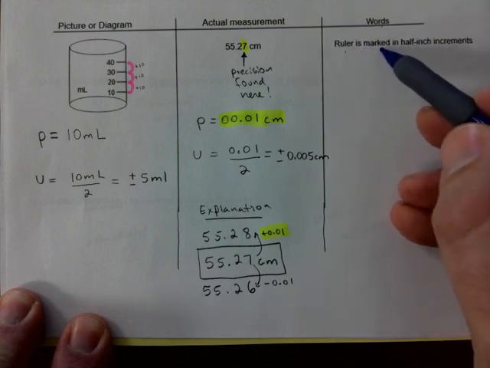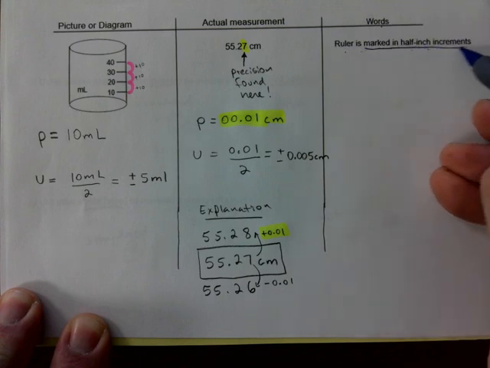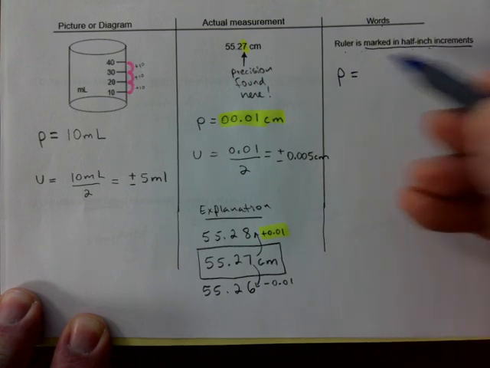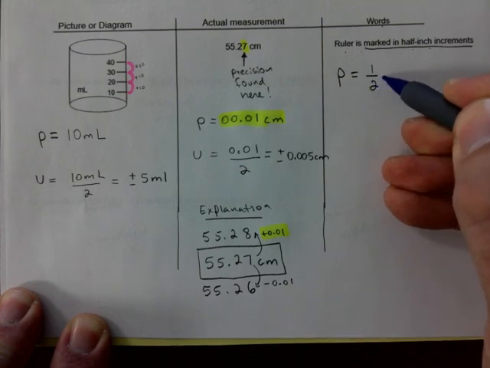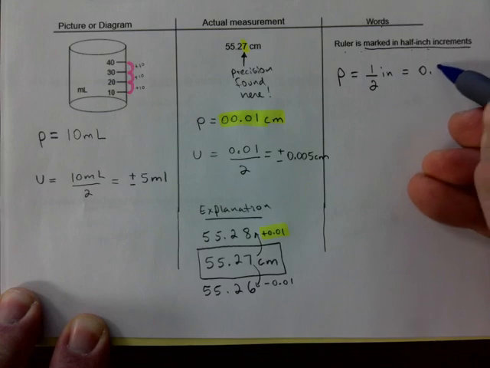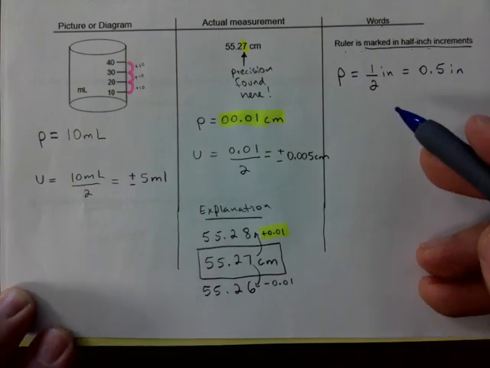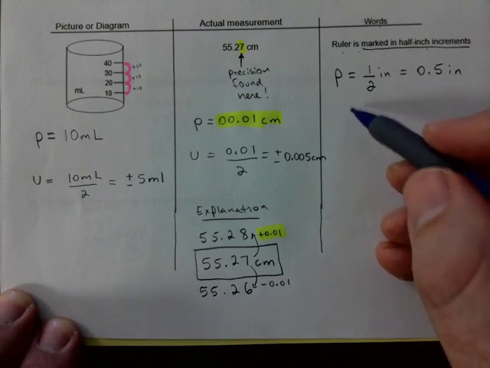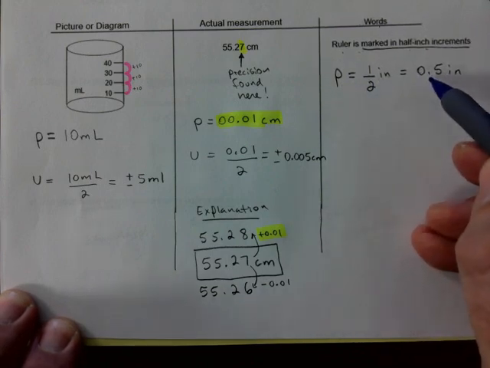Words. Ruler is marked in half-inch increments. When it says that, your precision is, how would you write half-inch? You just go like this, half an inch, or 0.5 of an inch. It's up to you how you want to write that. You got this? Precision is half an inch.